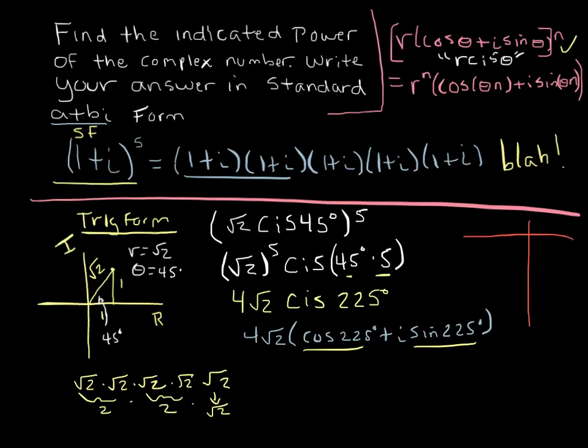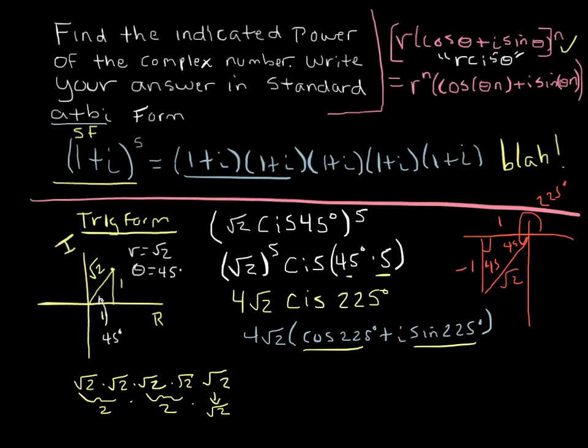225 degrees puts me here. And so to do the sine of 225, well, the reference angle is 45. Again, that's 225, the whole thing. That's 45, that's a 45. Negative 1, 1, root 2.